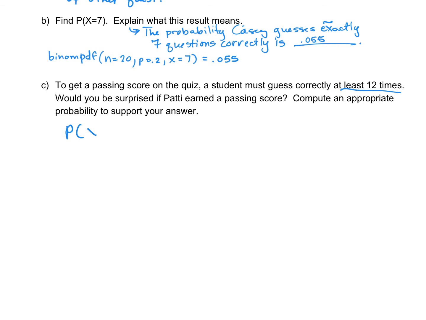The probability of x is greater than or equal to 12. So we need to rewrite this as 1 minus the probability of x less than or equal to 11, yes, because it is less than or equal to, right?